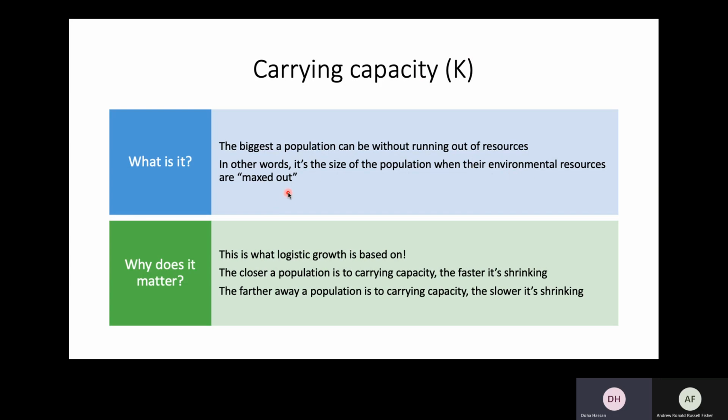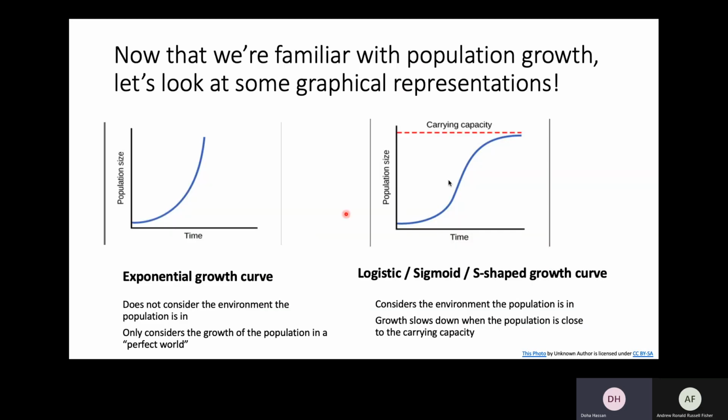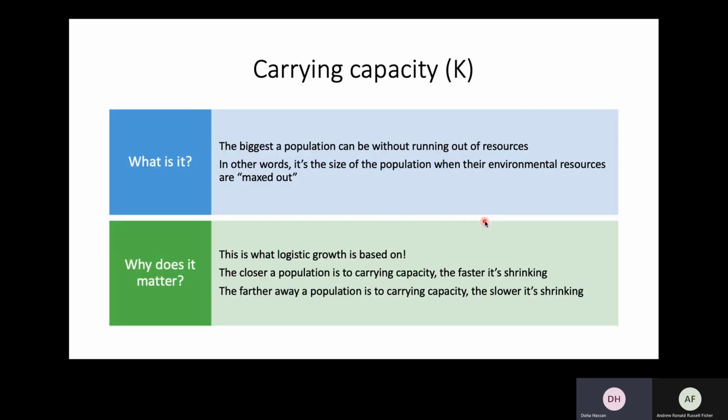This is the absolute largest the population size can be before things start to go wrong, because the environment is unable to supply enough resources to keep that population alive, if that makes any sense. And that also helps you see why at this point it starts to plateau, because it doesn't want to exceed that carrying capacity.